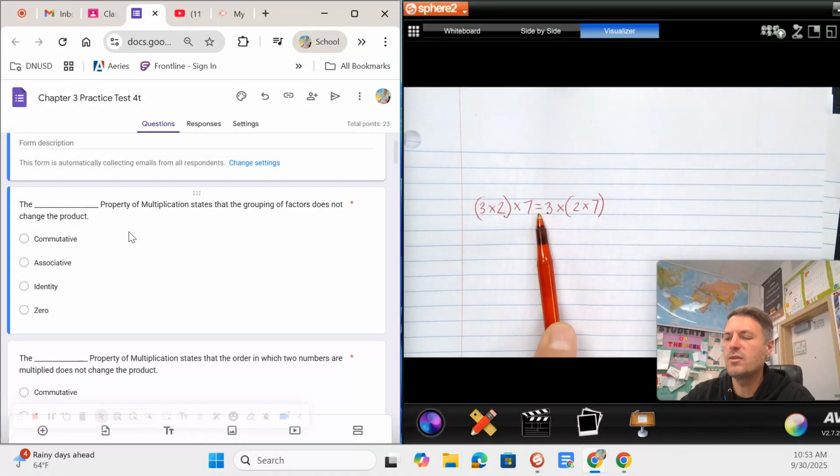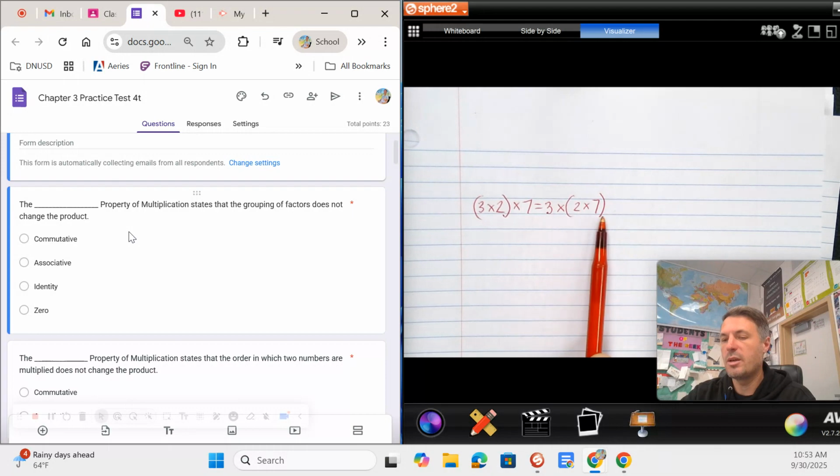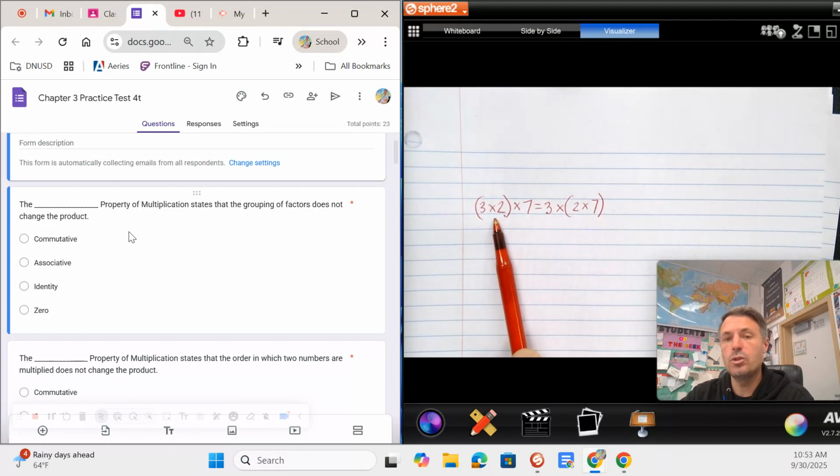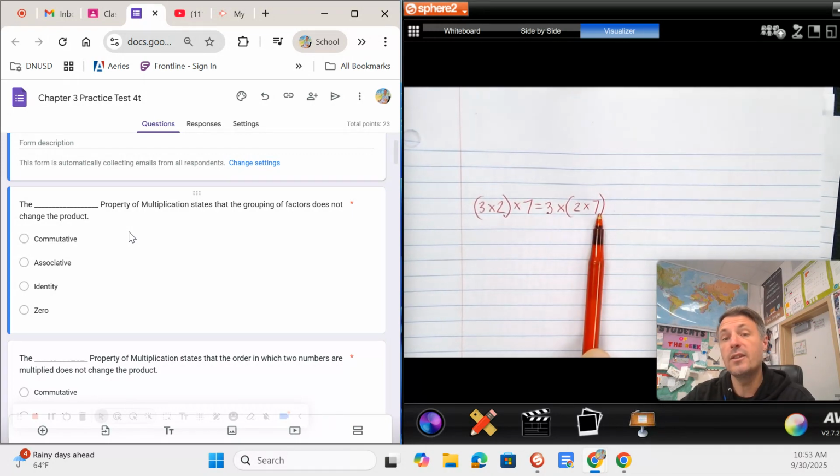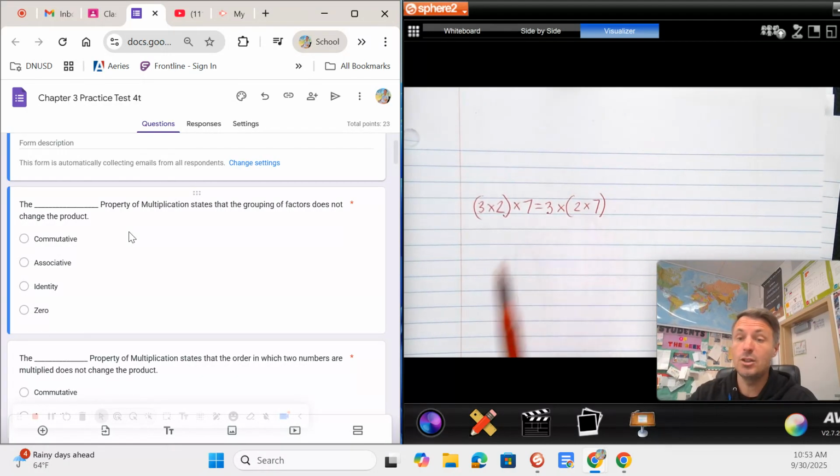See, on both sides of the equal sign, it's 3 times 2 times 7, but on this side, the 3 and the 2 are in parentheses, and on this side, the 2 and the 7 are in parentheses. So which numbers are in parentheses changed, but the numbers being multiplied didn't change. And so you can change how the numbers are grouped in parentheses, but it doesn't change the answer.